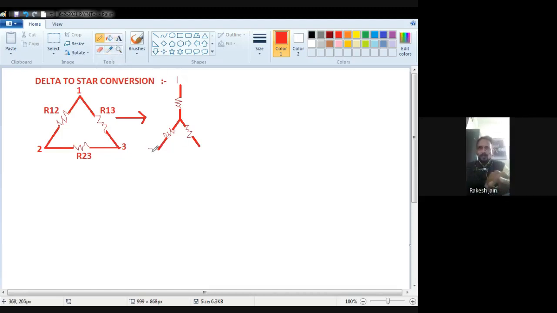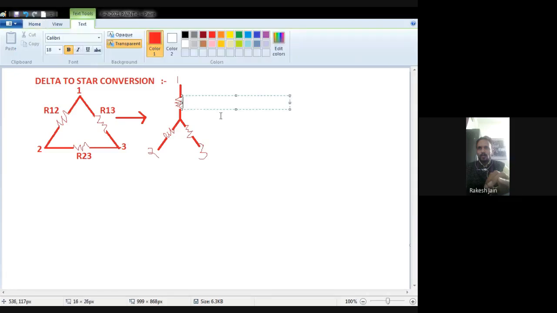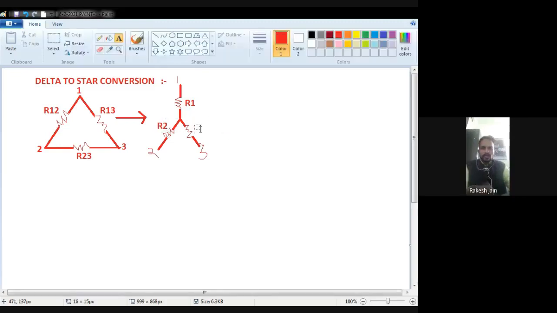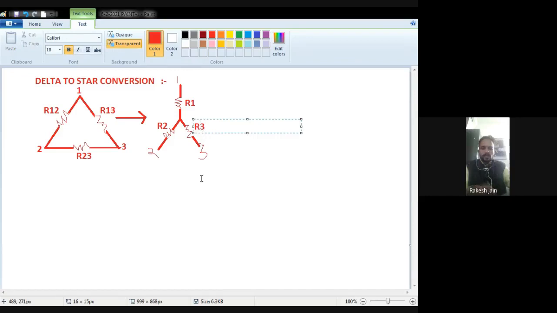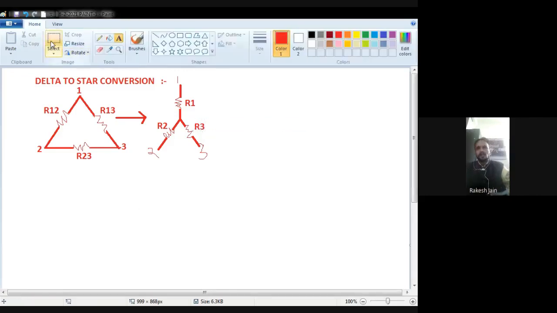The points should be the same. The first, this is your second, and this is your third point, third node. Okay, and the name of the resistance here, because it is connected at the first node, is R1. Because it is connected at the second node, it will be R2, and if it is connected to the third node, it is R3.